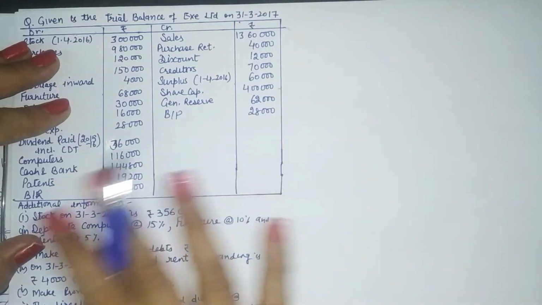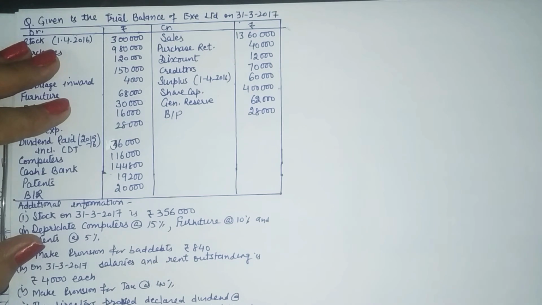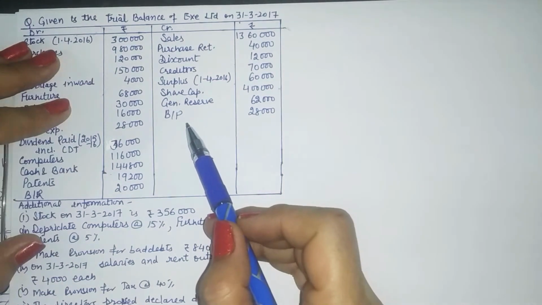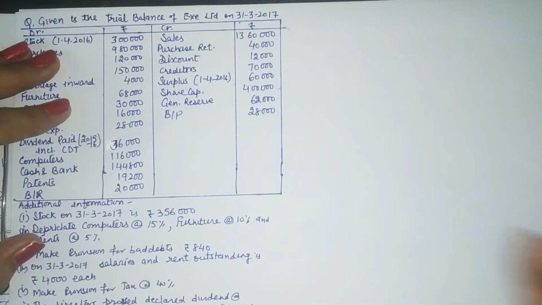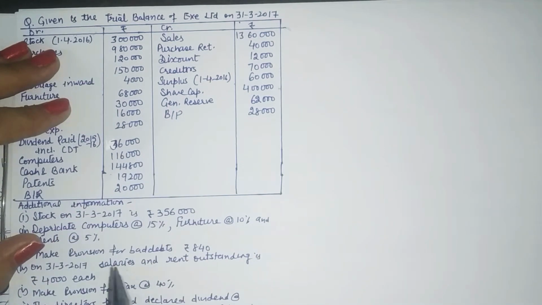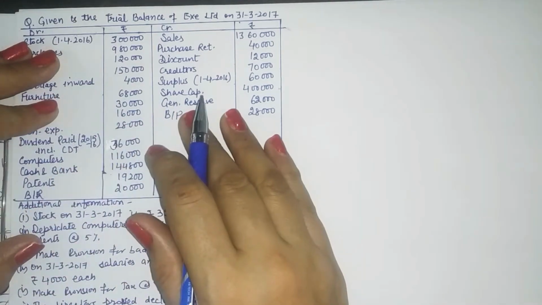However, we are not to write all the categories. We will be writing only the relevant categories. So for that matter we need to understand each and every account balance and see the category to which it belongs. And likewise, when we are reading the additional information, we must try to analyze its effect on these accounts.